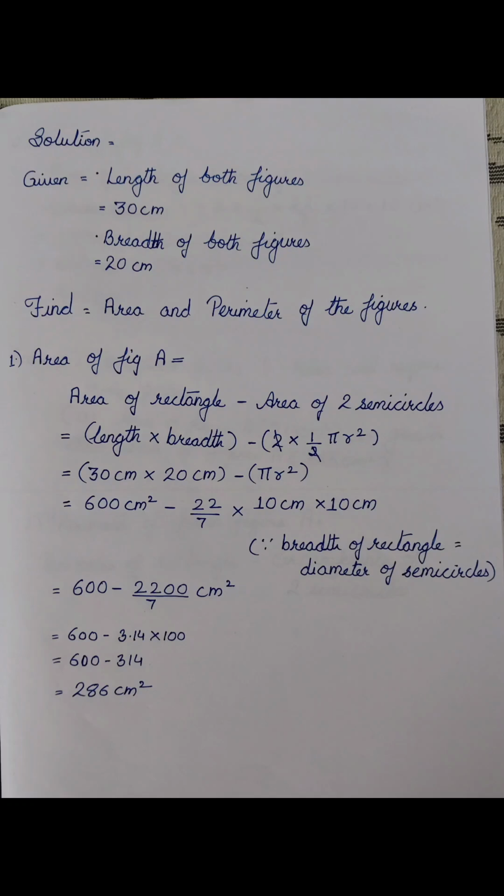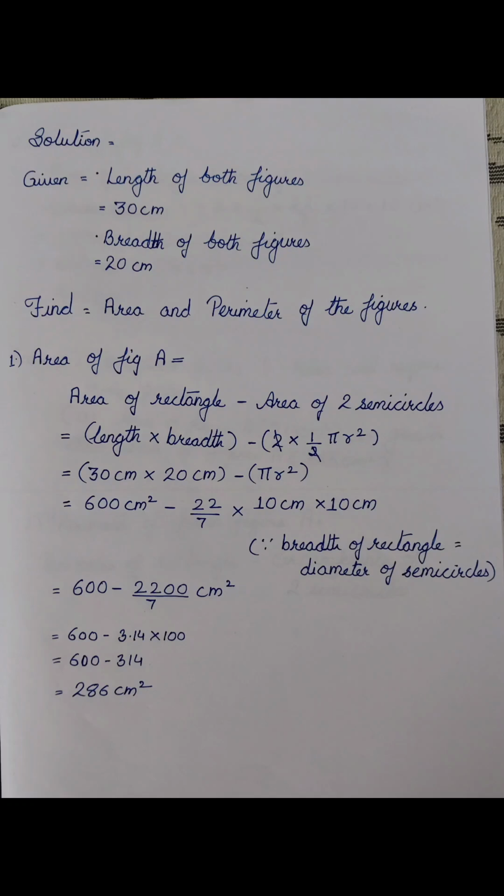You can observe that the curves which are inverted are semicircles. So we are going to subtract two semicircles. Two semicircles, if we add, become one circle. So the area of rectangle will be length into breadth, minus the area of two semicircles, or the area of a circle, which gives pi r square.